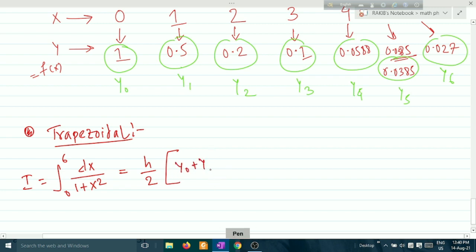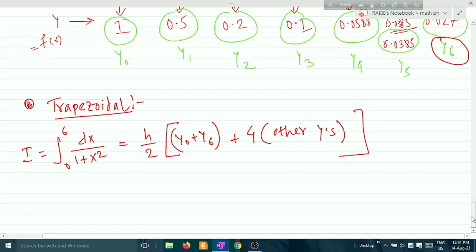Here yn will be y6, because the last y is y6, and 4 for all other terms, the intermediate y's, the rest of the y's. In this case h is 1, and there is a 2 in the denominator.